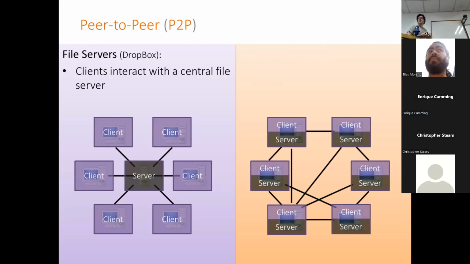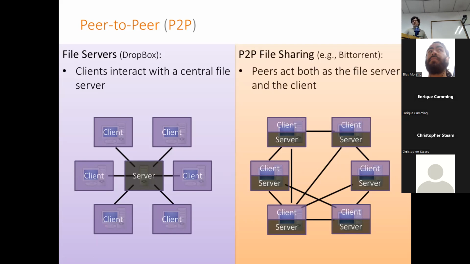So for Dropbox, here on the left, we have the file server, right? So this is a Dropbox server, and we have all these clients that are reading and writing files. Yeah. So what would a peer-to-peer equivalent of Dropbox be? It would be BitTorrent, right? So peer-to-peer file sharing, such as BitTorrent. Yeah. So what's the idea here?